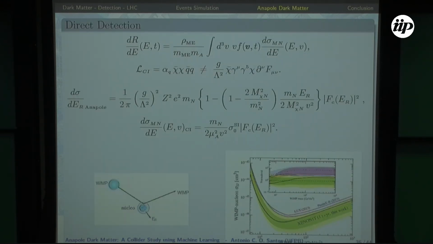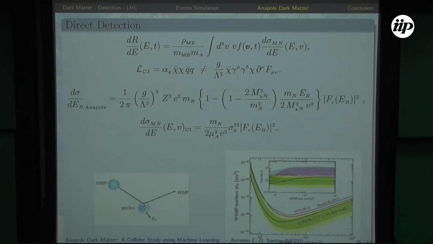In the case of contact interaction, we have this differential cross-section, but in the case of Anapole, we have at least these two terms. As you can see, there is a velocity dependency here, similar for this term. On the other hand, you have a new term, which doesn't have the same relations. So this will give a different rate for these two different approaches, and you can't use these bounds directly.